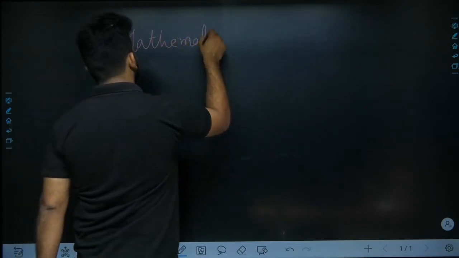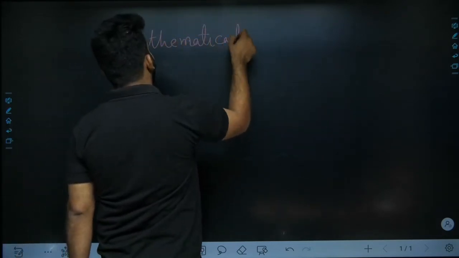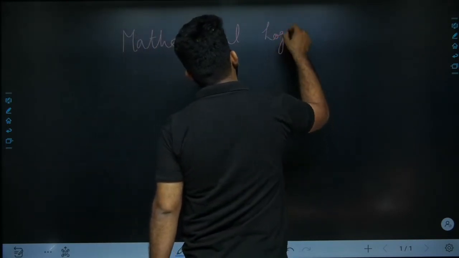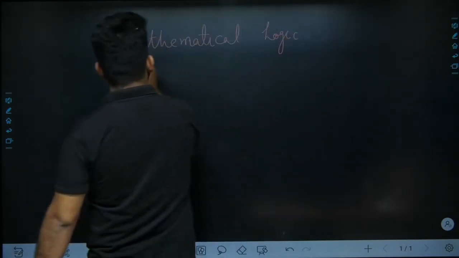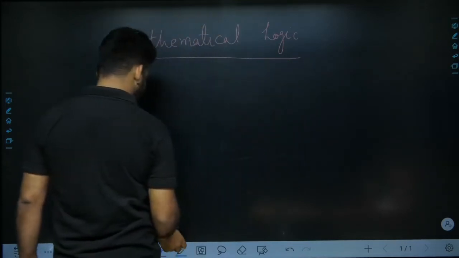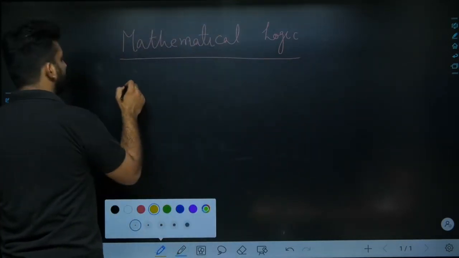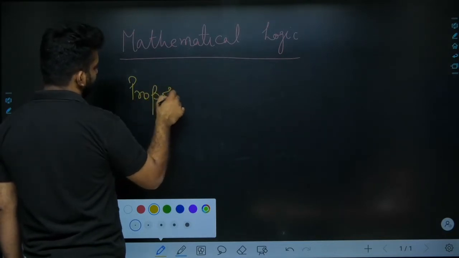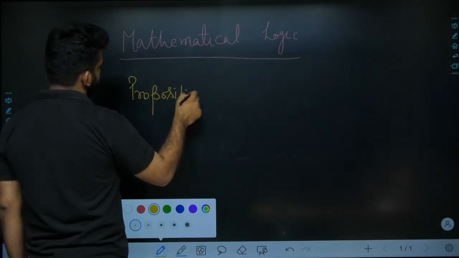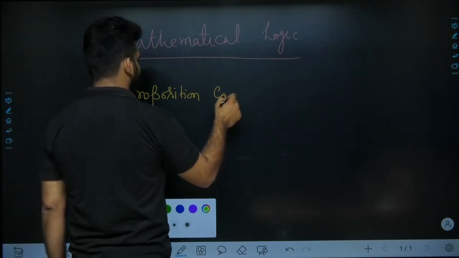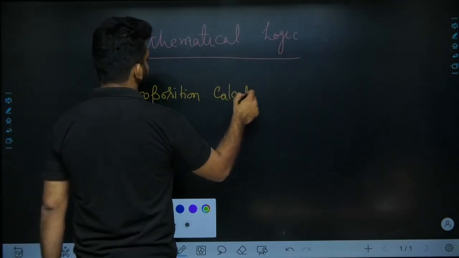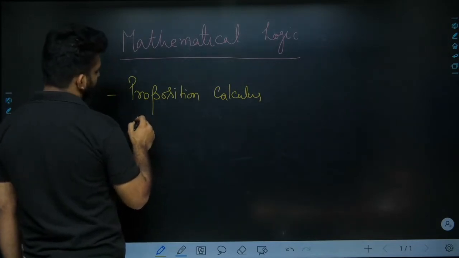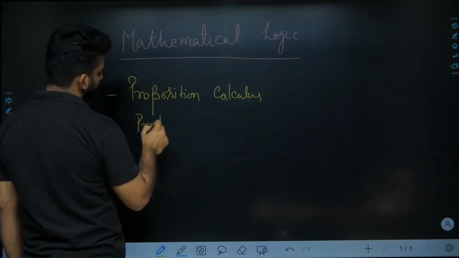Okay, so there are three major parts which we need to discuss in this, and we'll be discussing them one by one. The first part being propositional calculus, or propositional logic. The second being predicates, or predicate calculus.